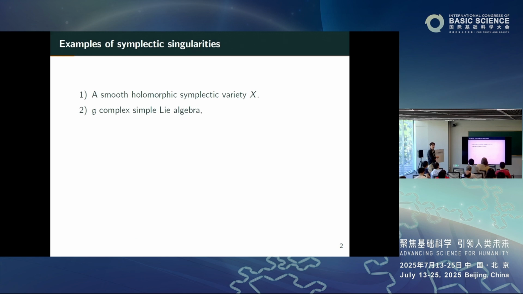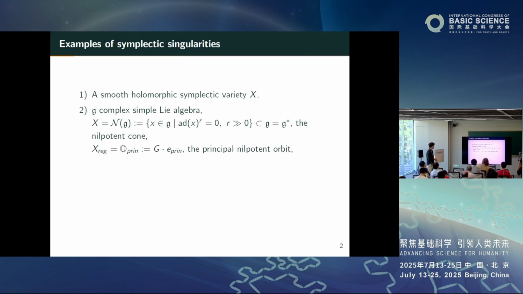If g is a complex simple Lie algebra, then its nilpotent cone is a symplectic singularity, and its smooth regular part is the principal nilpotent orbit, and the symplectic form on it is just the usual Kirillov-Kostant-Souriau symplectic form.